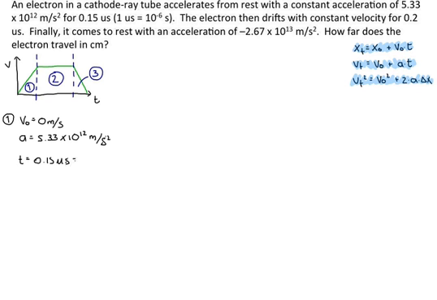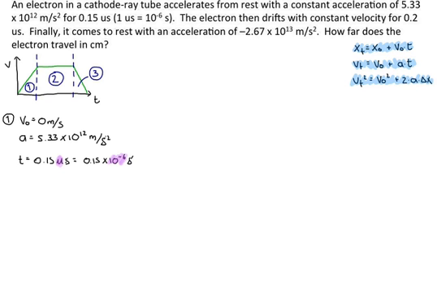microseconds. Recall that we always need to work in SI units, so this will be the same thing as 0.15 times 10 to the negative 6 seconds. This is because of the prefix micro. I hope you already know that micro implies 10 to the negative 6. Anyway, in the exercise, the equivalence between microseconds and seconds is given.